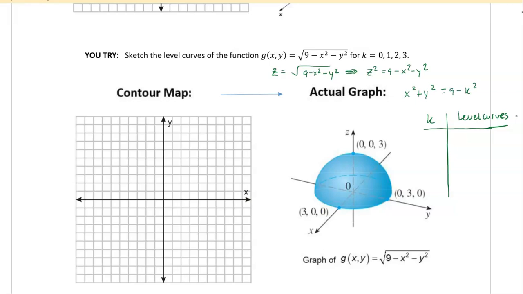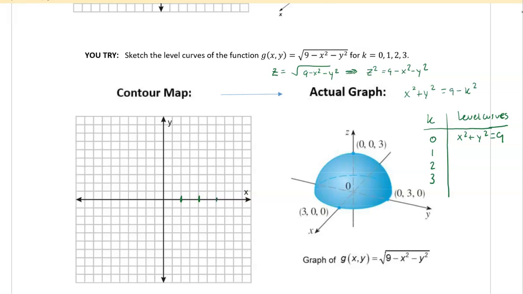So the closeness, or how far apart the level curves actually are, will give you an idea of where the function is steeper and where it is flatter. So k equals 0, 1, 2, and 3 are the ones that we're doing. That gives us x squared plus y squared equals 9.